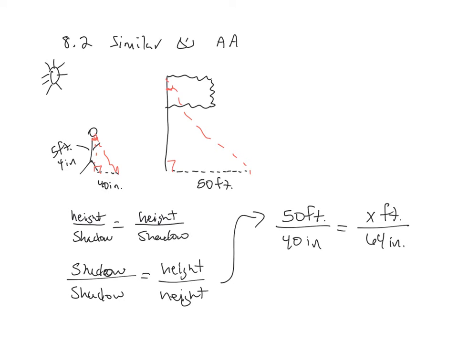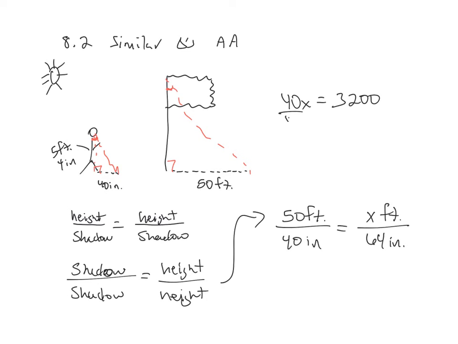So when we multiply the diagonals, 40 times x is 40x, and 50 times 64 is 3,200.